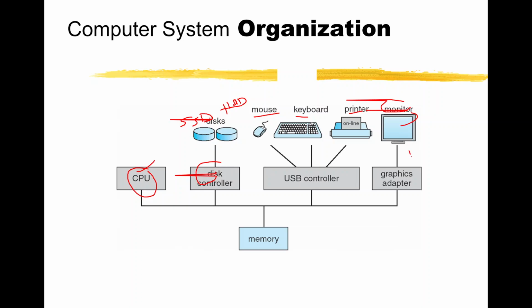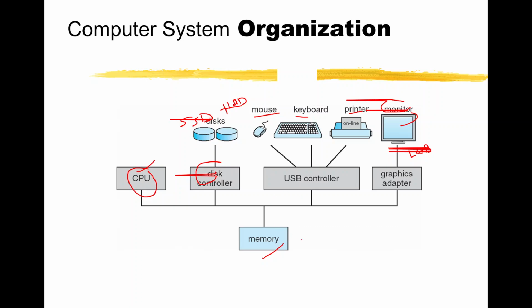The monitor can be your flat screens, could be your LEDs and all that. All these are tied to a graphics adapter, which helps you to see what needs to be done in that system. Now, we also have the memory. The function of memory actually is to store all this information.